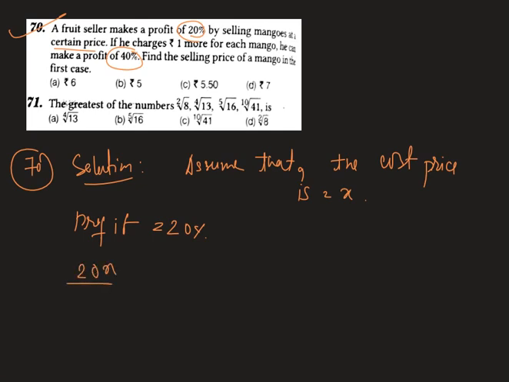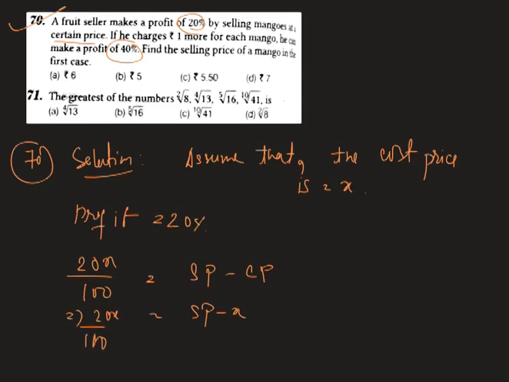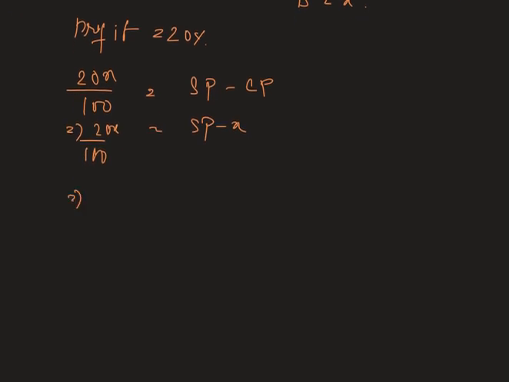Therefore, 20x divided by 100 is equal to selling price minus cost price, and cost price here is X. So we have 20x divided by 100 is equal to selling price minus X, which is nothing but X by 5 plus X is equal to selling price. So 6x by 5 is equal to the selling price.